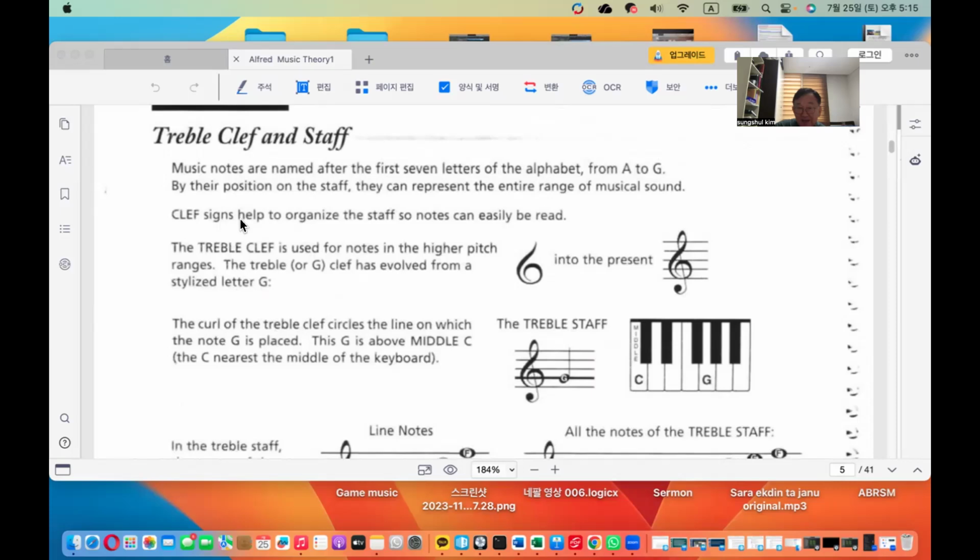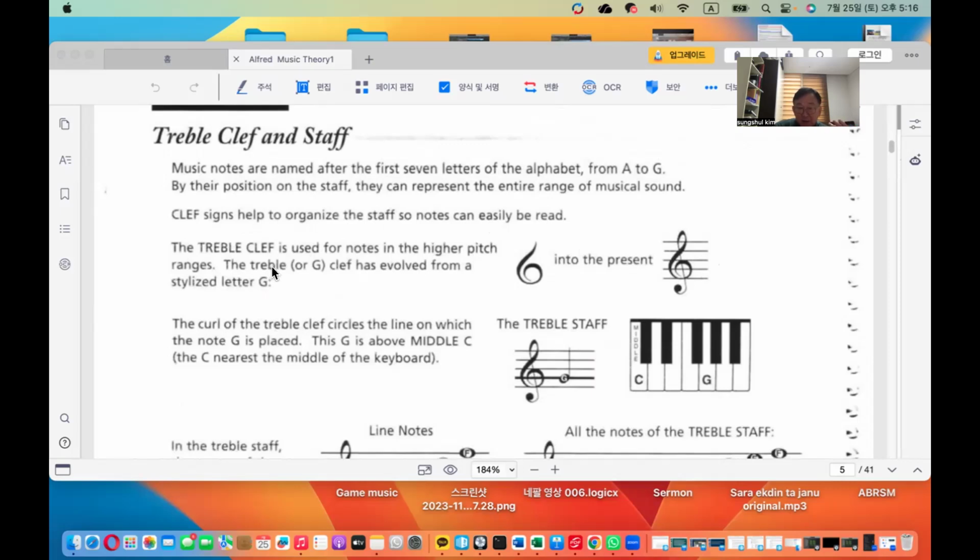Clef signs help you organize the staff so notes can easily be read. The treble clef is used for notes in the higher pitch ranges.